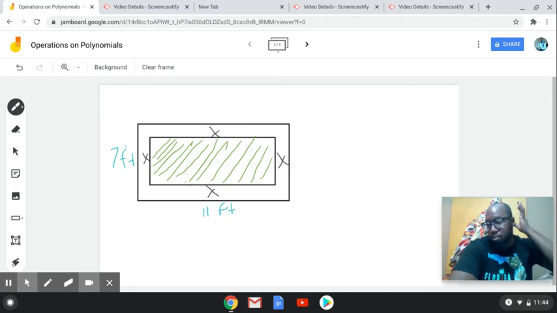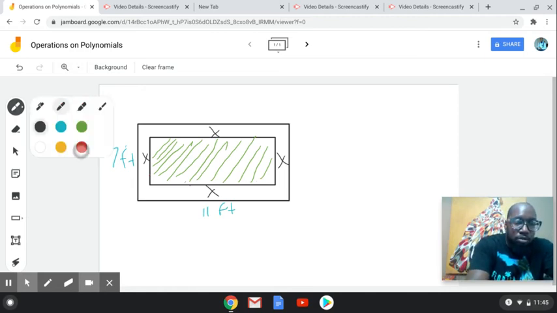So here's what we do know. We know that the length of the whole thing is 7. So let's talk about the area.